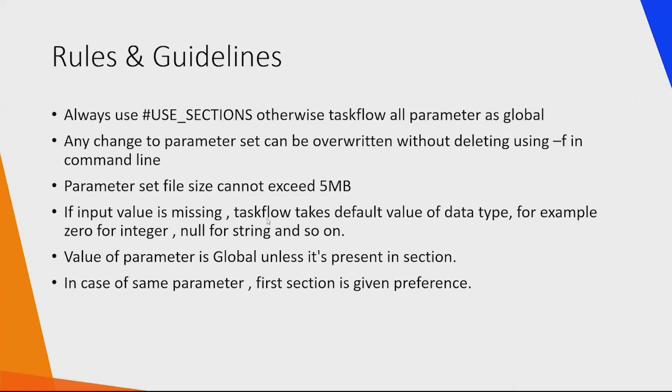Like, if you have defined it as string, then it will take null. If you have defined it as integer, then it will take 0. If you have defined it as boolean, then it will take false, and so on. Depending on the data type, it will take the default values.